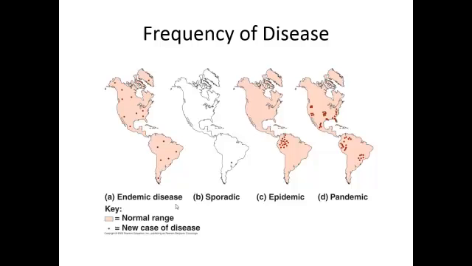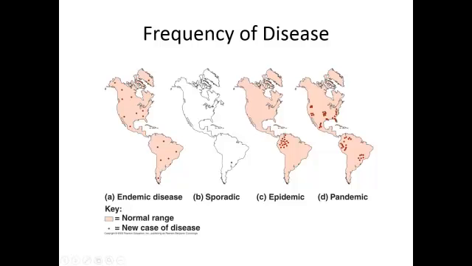So, for example, the common cold is considered endemic throughout most of the world. We have it at a normal rate. Yeah, you see a little bit of an uptick during the winter, but pretty much you can pick up the cold any time of the year. That would be considered an endemic disease.